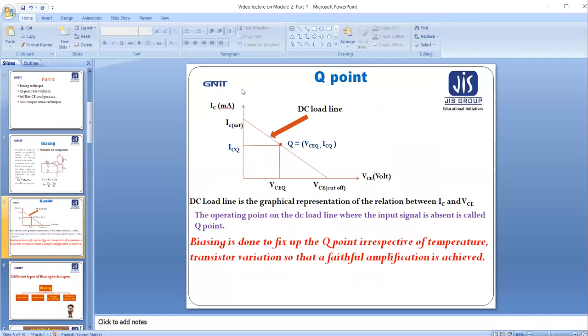Now, this graphical representation is also observed in the output characteristics, where we have a family of curves depending on the different values of IC and VCE. Now, when the straight line intersects the family of output characteristic curves, it will generate several intersection points, which are commonly known as operating points.